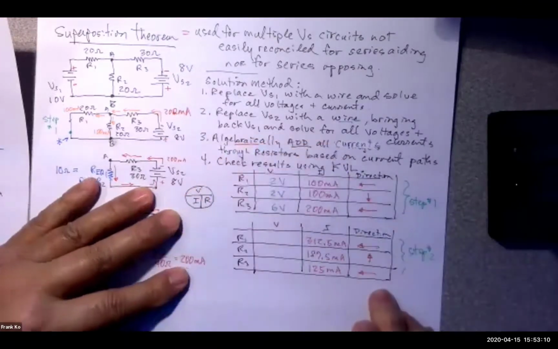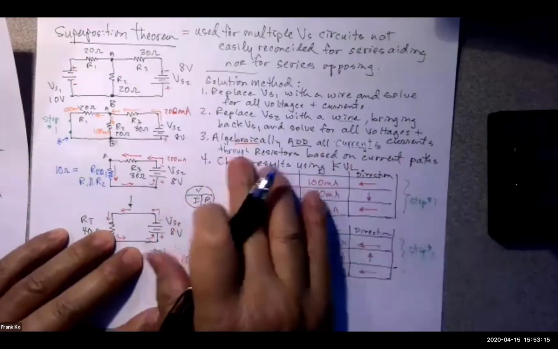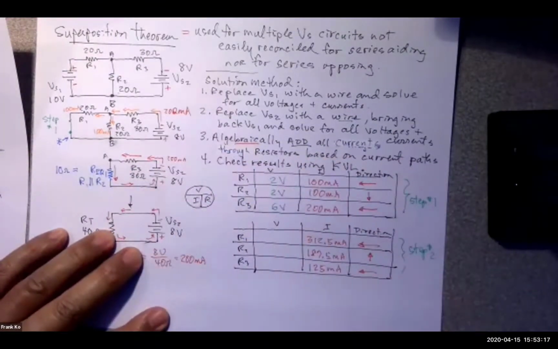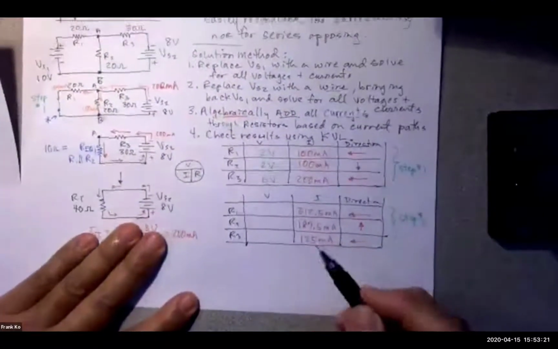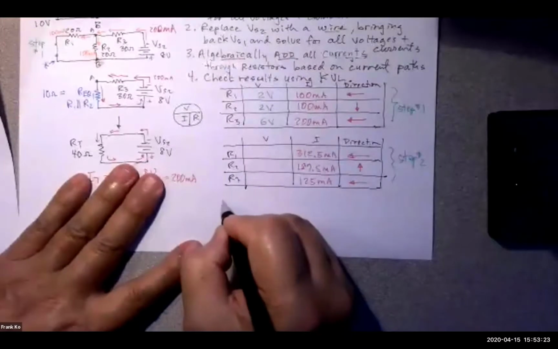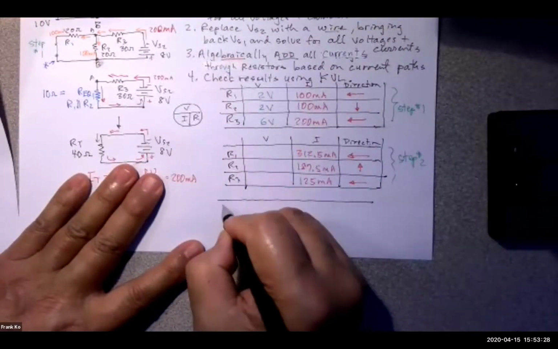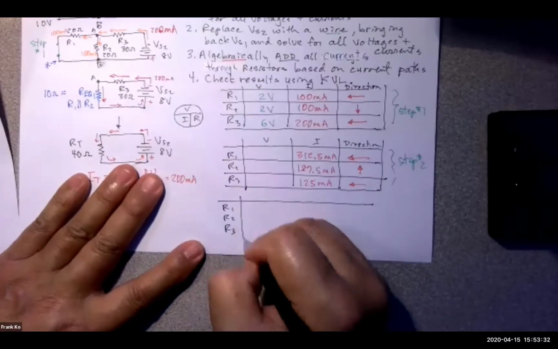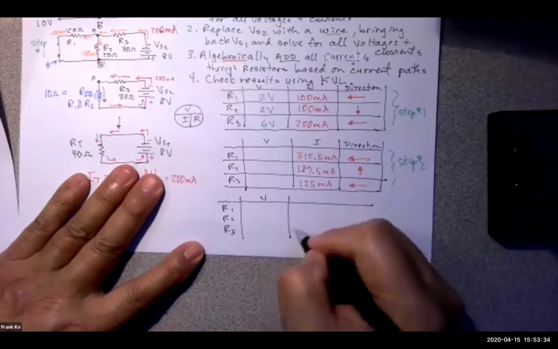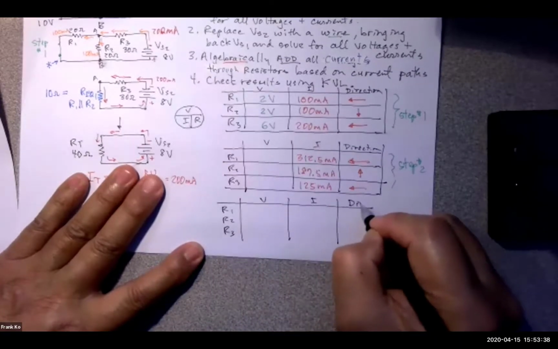We could do it the other way, but this is the method that we're using. So we're going to add all currents through the resistors based on the current paths. There is one more VIR that we're going to do right here. I need some table space, so for R1, R2, and R3, V, I, and direction.